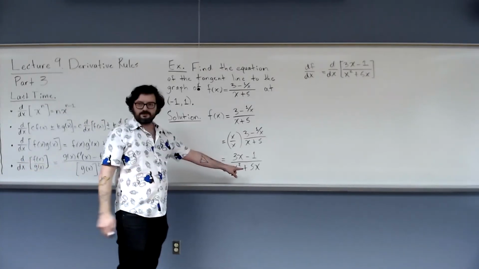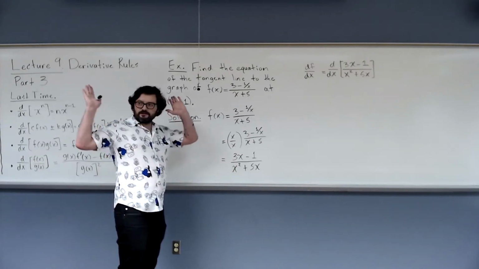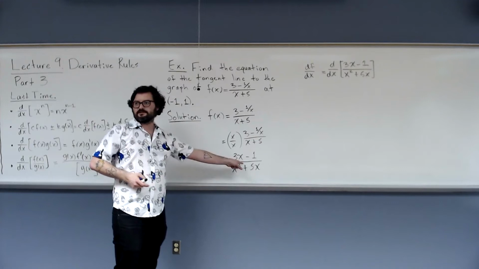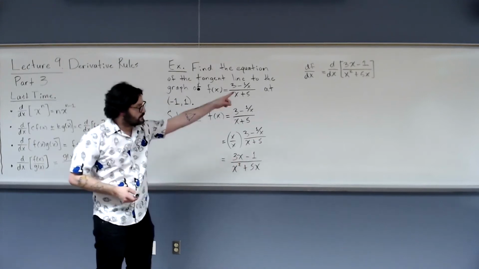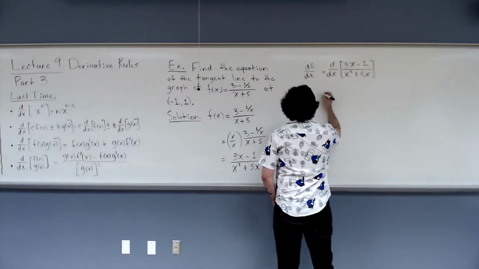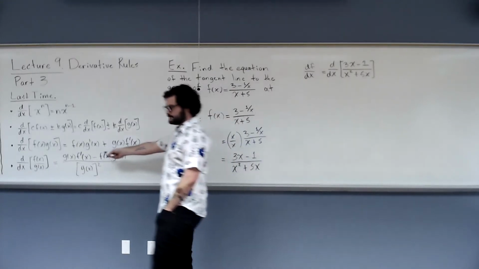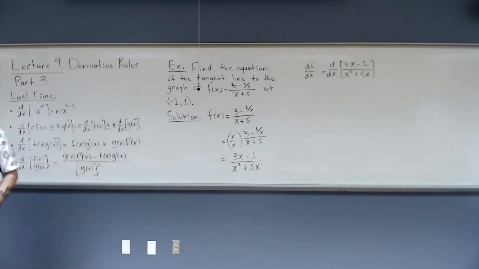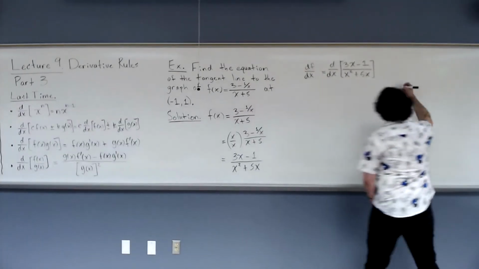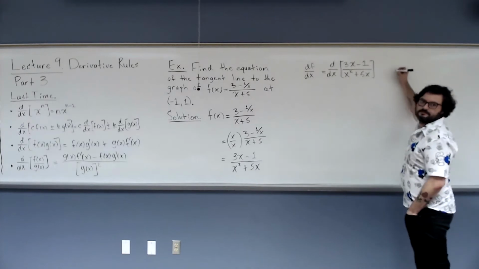So f of x is equal to this ratio. I apply the derivative operator on both sides, so df dx is equal to d dx of this thing. That's that equation up there. Now I need to apply this rule. As we did last time, I can identify my f and my g.